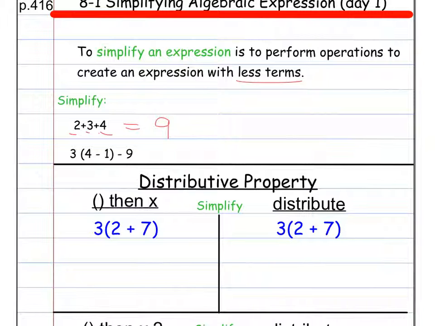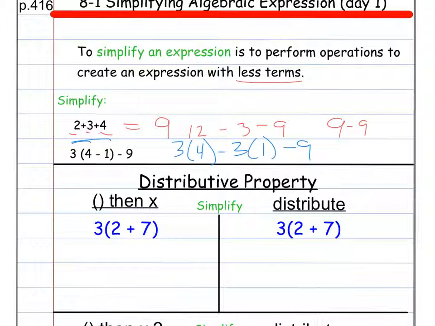Here, if I did order of operations, I would get 3, or I can distribute. So I would have 3 times 4 minus 3 times 1 minus 9, which would give me, this is the same as 12 minus 3 minus 9, which is 9 minus 9, which would be 0. So simplifying that.